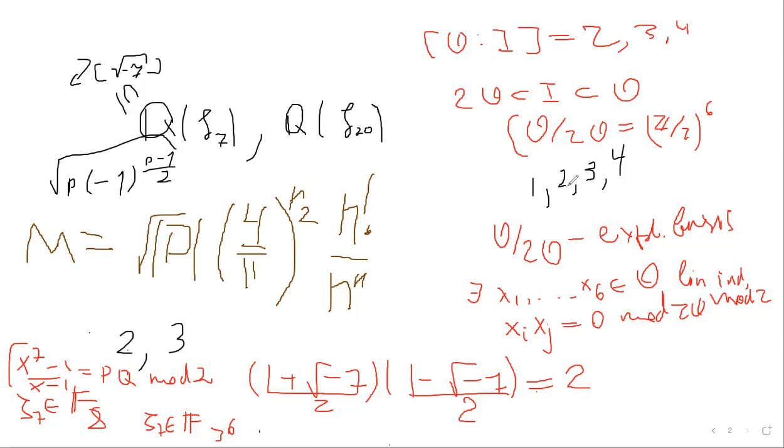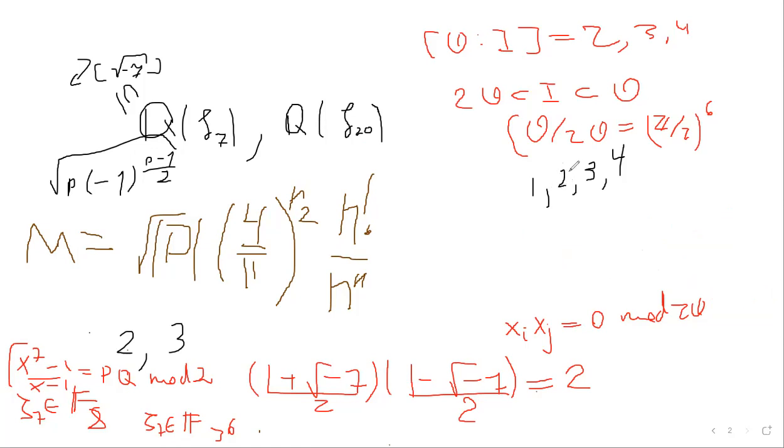So if we did have an ideal of norm 2, well, we can't have that. Why?